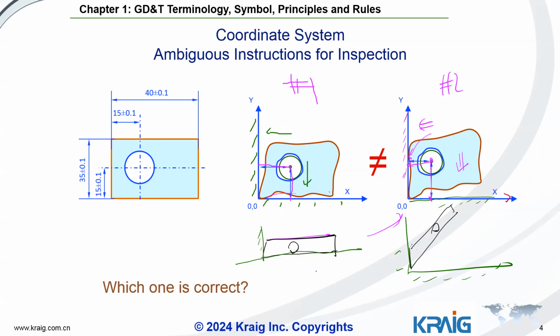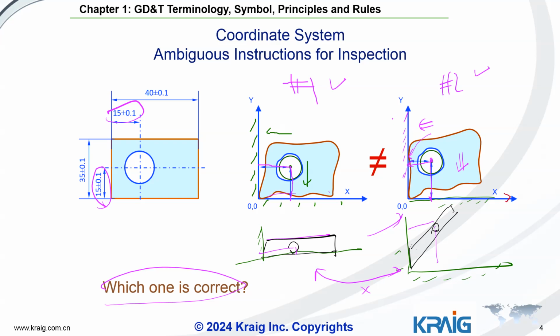So the measurement of the position will be a totally different result, because you see here from here to here is obviously different from here to here, right? So the question here is which one is correct? Is this one correct or is this one correct? There's no answer.